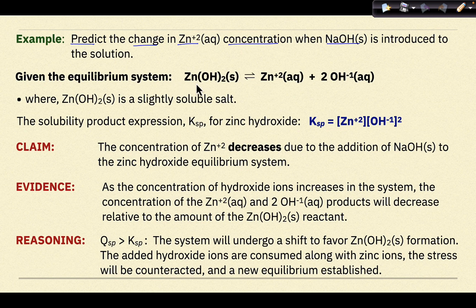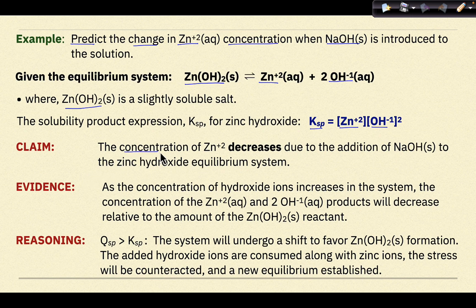Given the equilibrium system, Zn(OH)2 solid decomposes to form zinc ions and hydroxide ions, where Zn(OH)2 is a slightly soluble salt. The solubility product expression Ksp for zinc hydroxide is Ksp = [Zn2+][OH-]^2.